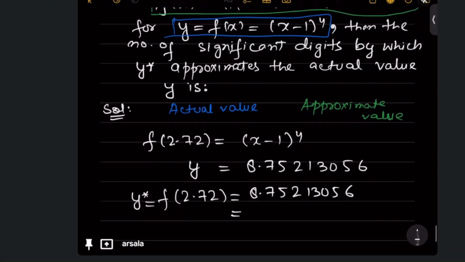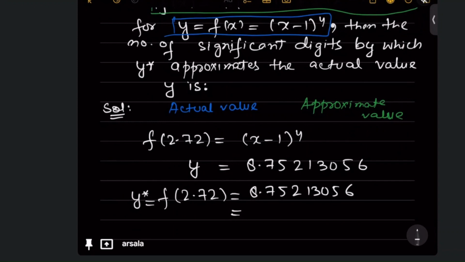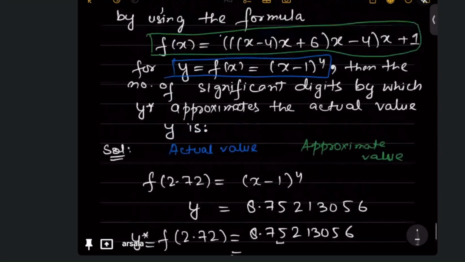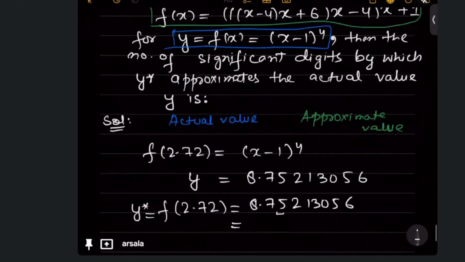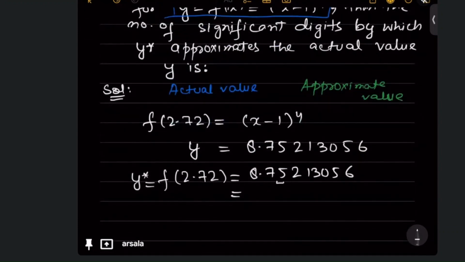I am doing that in the next step, right here. What is the third digit? This is 5, right? So this 5 you have to round off, and you can see that after 5 there is 2. So it will simply be 8.75.